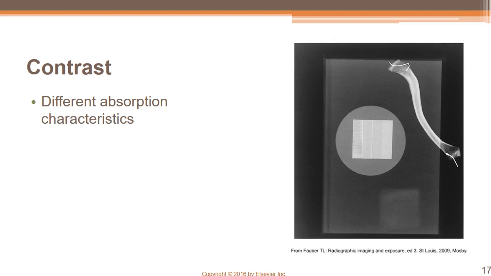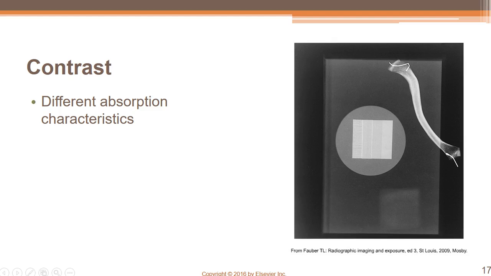So here's another area of looking at contrast. When the absorption characteristics of an object differ, it has varying levels of brightness or densities. The anatomic tissues are easily differentiated because of these differences in brightness or density. So this is just that same fake image, but now we've thrown a couple of things on here.